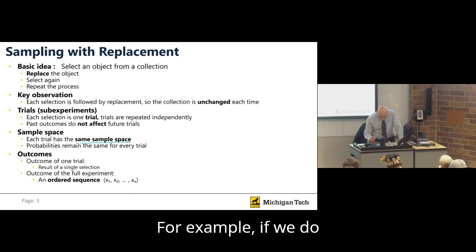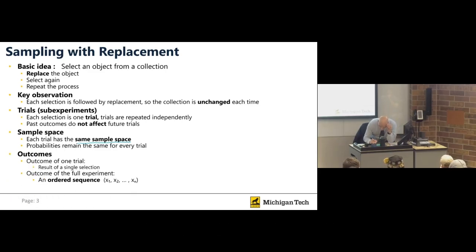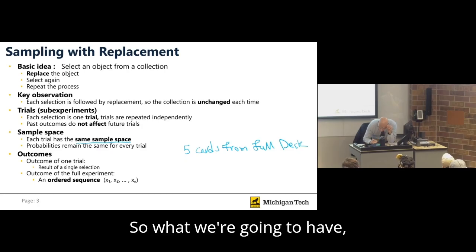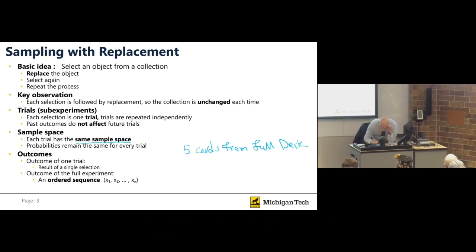For example, if we do 5 cards from a full deck, if we do just one trial, we have 52.